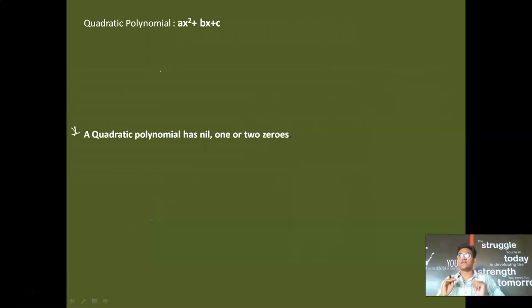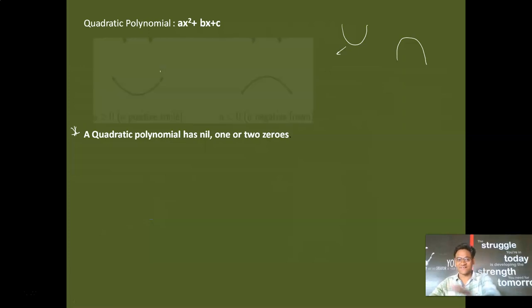See, before that, let me tell you when we will get this kind of curve. This is the upward parabola, and when we get this kind of curve, that is the open downward parabola. This is the open upward parabola. If you draw the graph, you will get two kinds of shape. This is the open upward parabola and this is the open downward parabola.